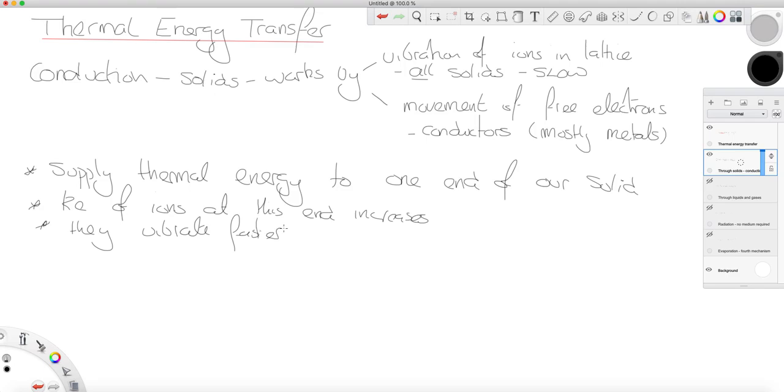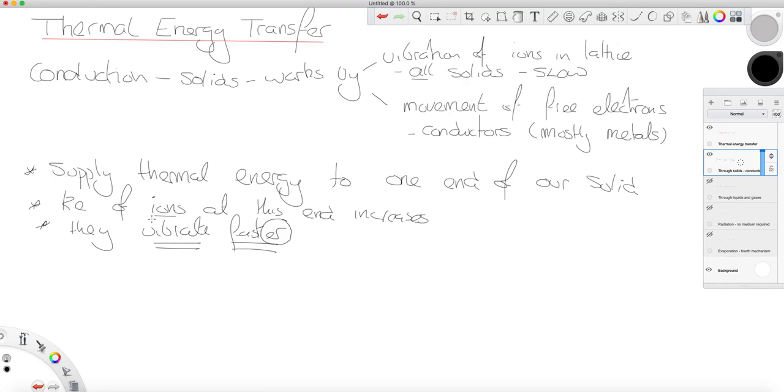Now note, they vibrate, keyword faster. They were vibrating before. This comparative is essential. They don't start to vibrate, they were vibrating, now they're vibrating faster. It's only at absolute zero, minus 273.16 degrees centigrade, that these vibrations stop. So in every circumstance you'll ever come across, the ions in your solid are vibrating.